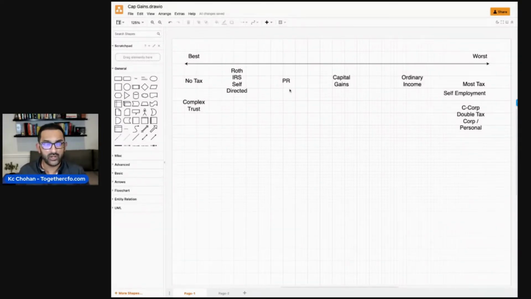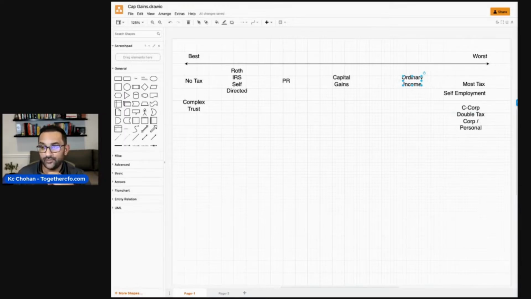When we look at this type of chart, there are many different ways you can do it, but it all really starts with planning ahead of time. When we look at the most taxed areas on the screen here, self-employment, C Corps, ordinary income, it can get really high.